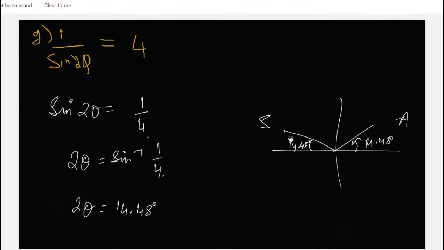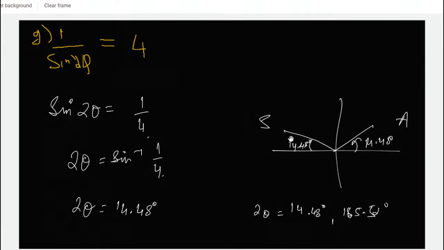So in between 180 degrees, how many values will I have for 2 theta? 14.48, and this is 180 minus 14.48, so how much would this be? 165.52.